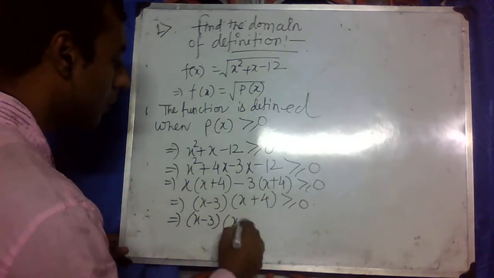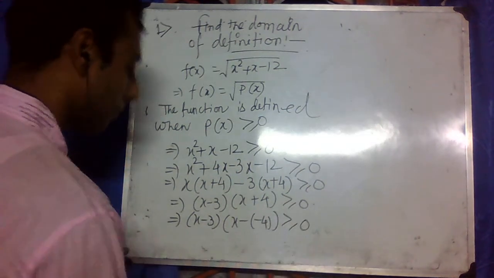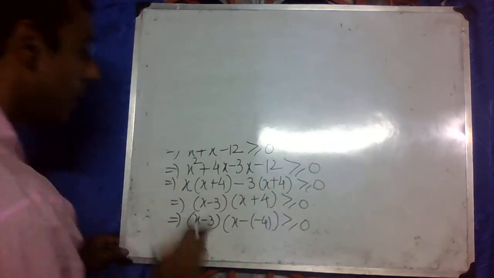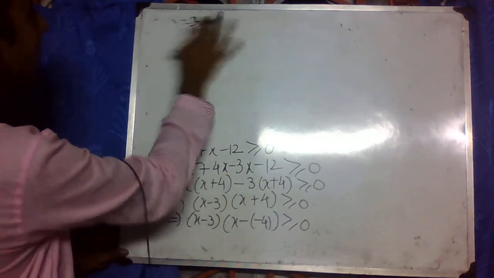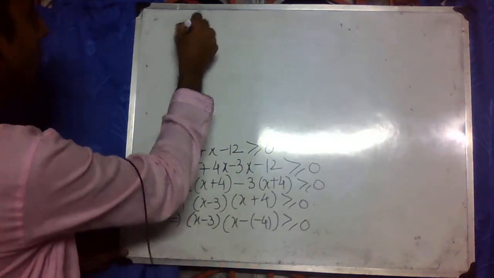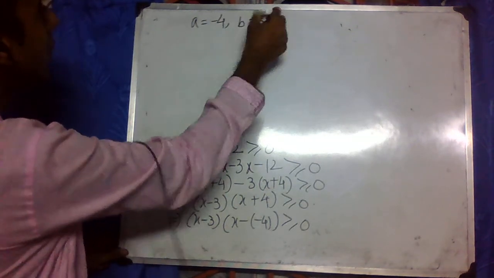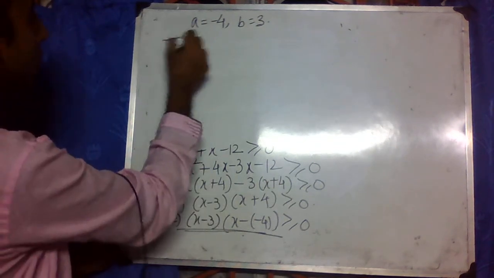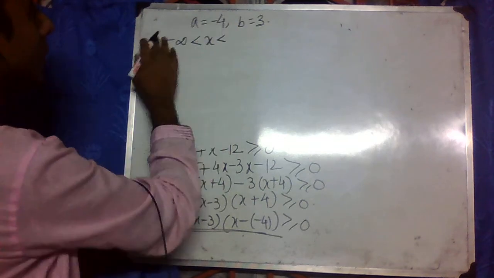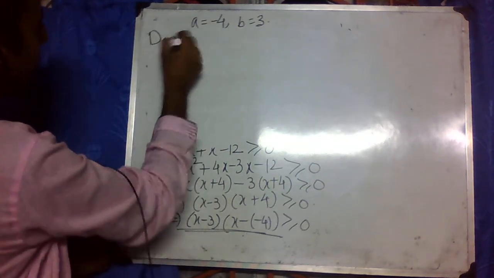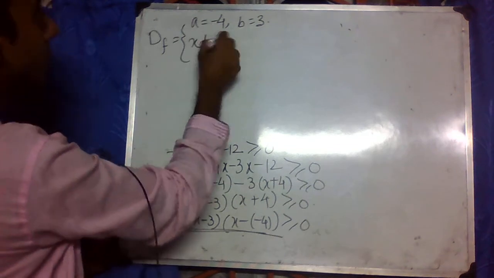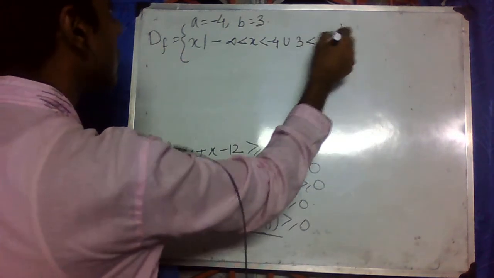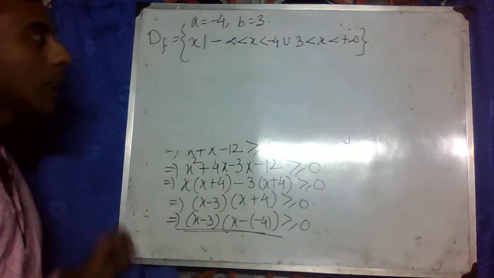So a is minus 4 and b is 3. So the condition is minus infinity to minus 4, union 3 to infinity. The domain of f is all x such that x is in minus infinity to minus 4 union 3 to infinity, by result 2.